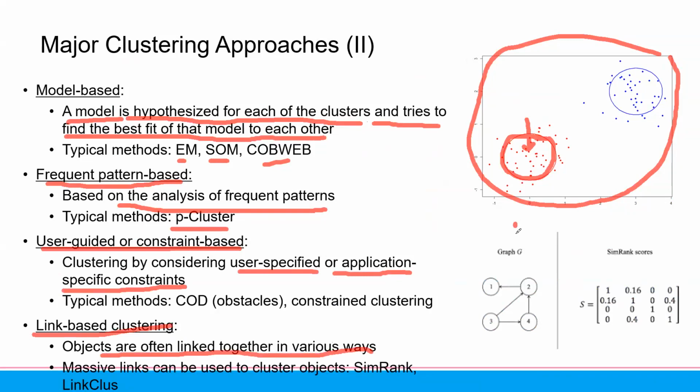Usually we use it in a graph, where we can see the relationships. Node 1, node 2, node 3, node 4 are connected, and then we can have the connectivity and make scores, for example SimRank scores, about the connectivity of each node.